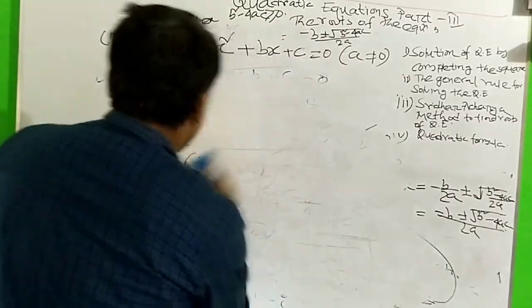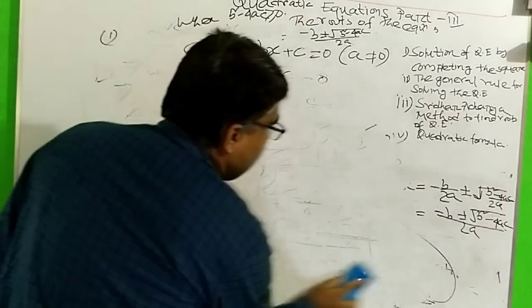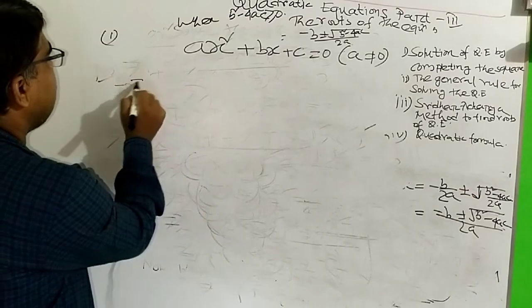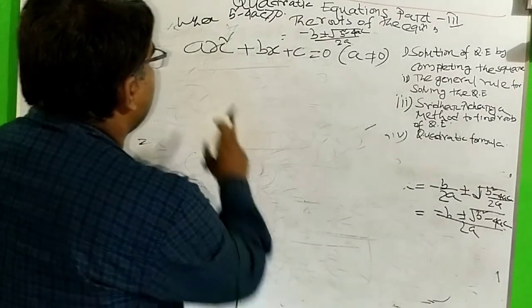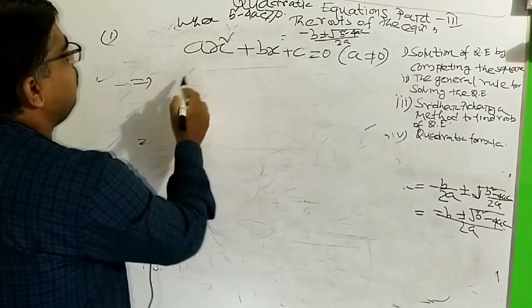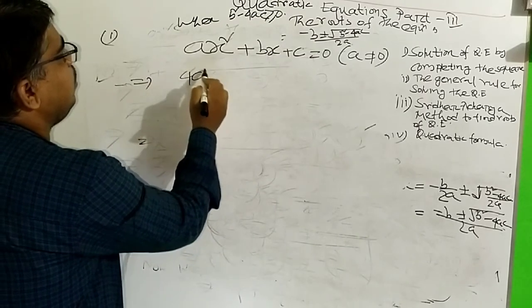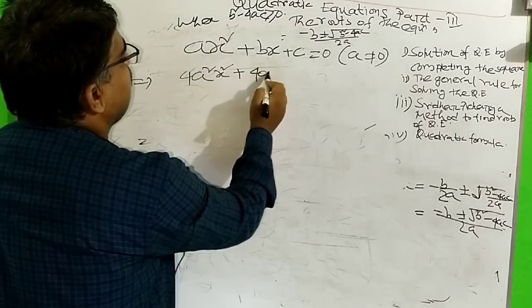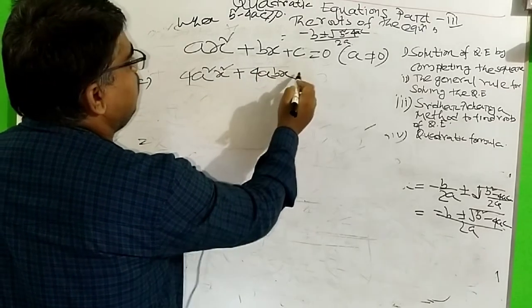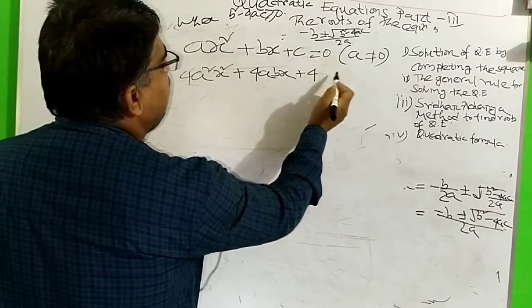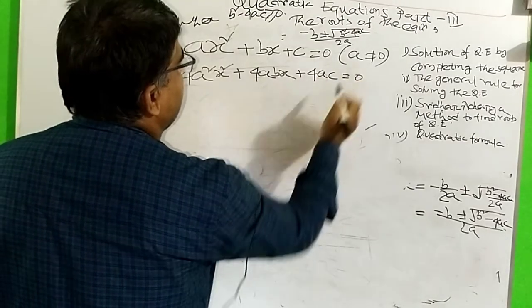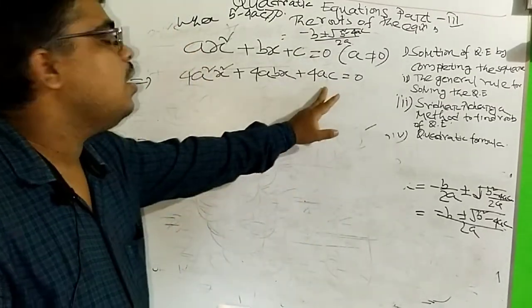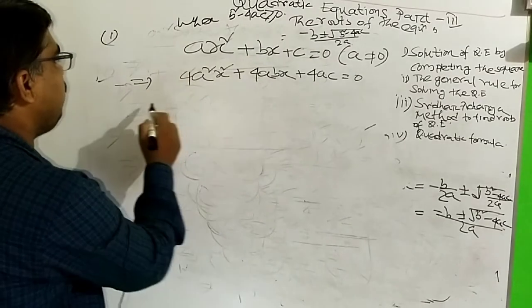Now this formula can be obtained in another way. Let us see. We multiply both sides by 4a, and we get 4a square x square plus 4abx plus 4ac equal to 0.